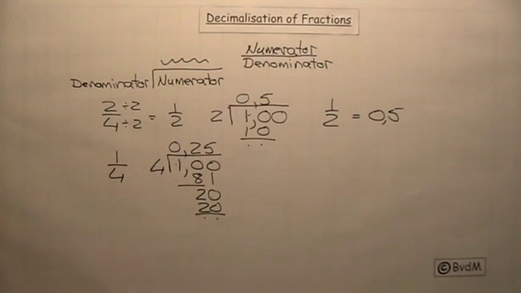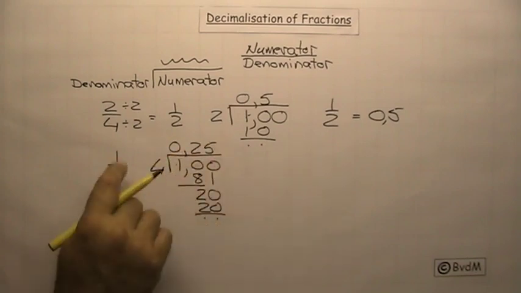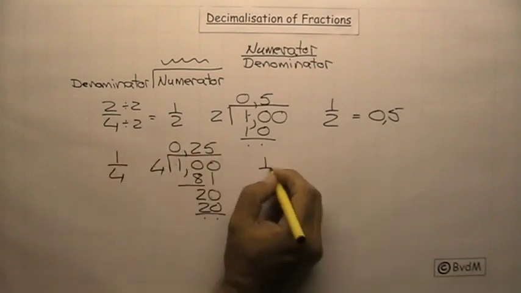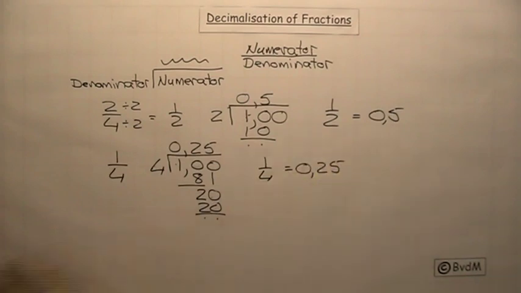End of story. 1 over 4 is equal to 0.25. A quarter can be written as 0.25.